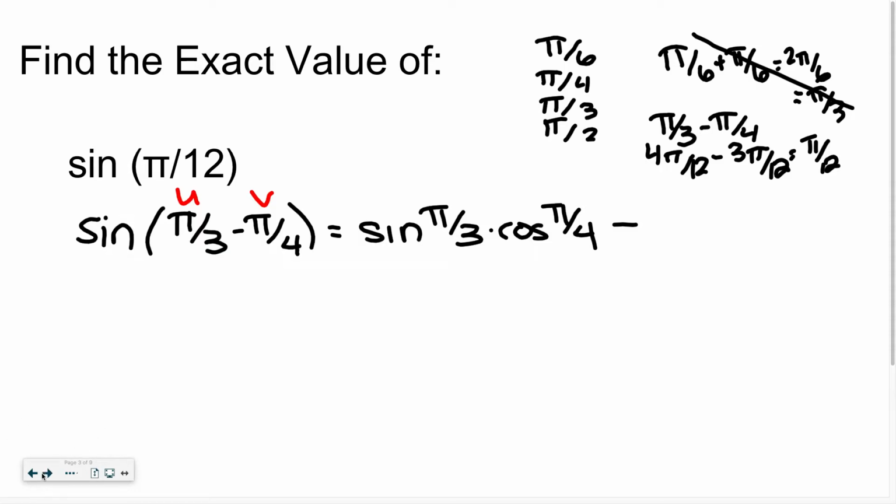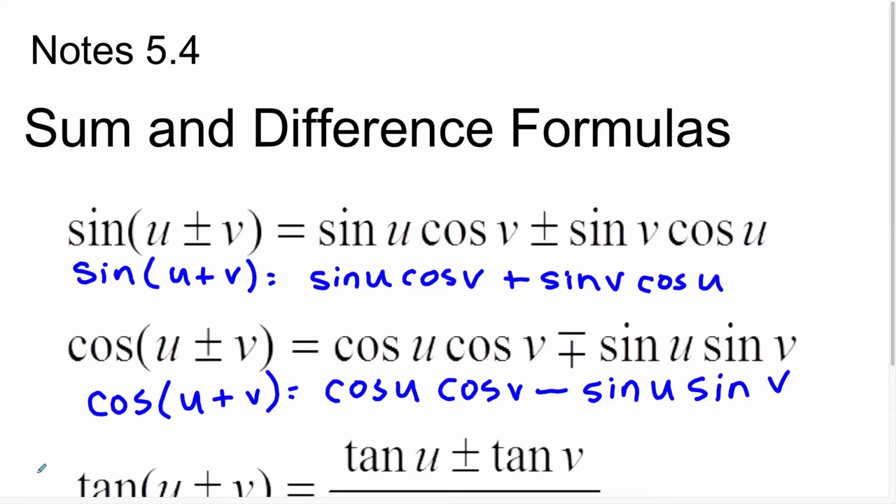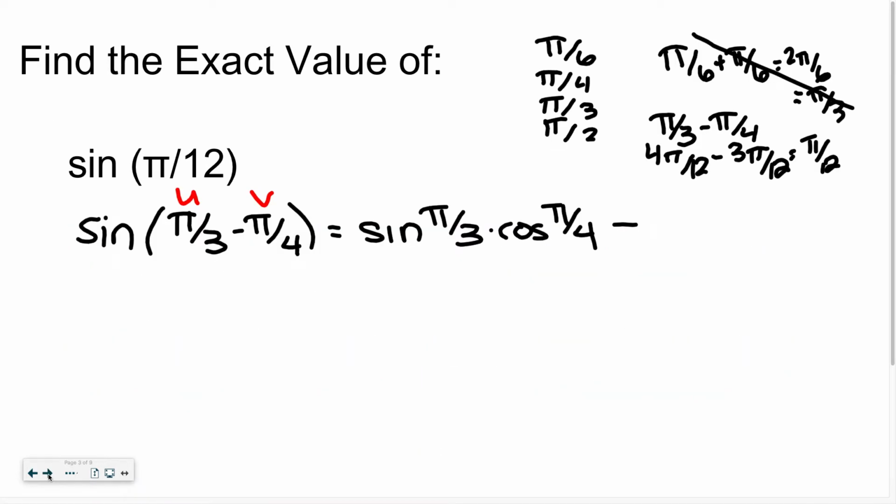Okay, so then we're going to do the sine of the second angle times the cosine of the first angle, which a lot of times I do cosine u times sine v, which is the same thing. Okay, but sine v times cosine u. I'll follow the formula that's on the front. So that would be the sine of pi fourths times the cosine of pi thirds. You okay with that?